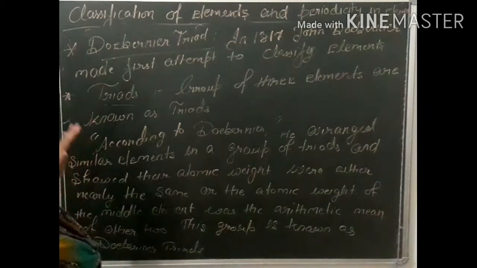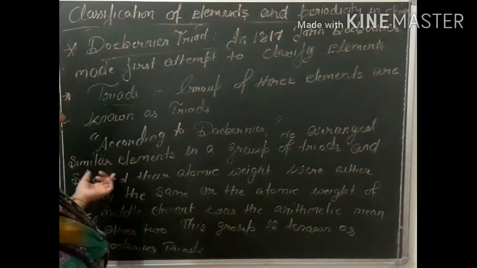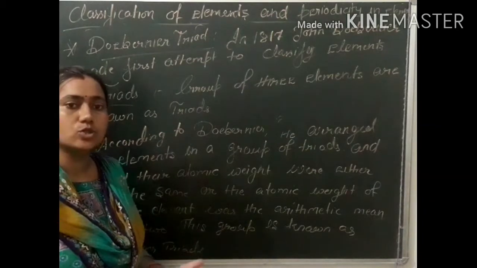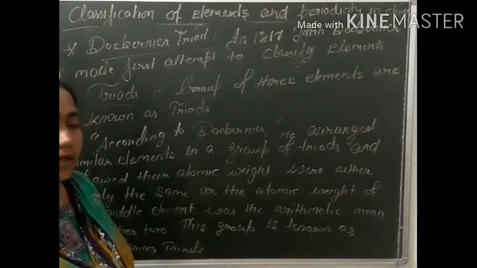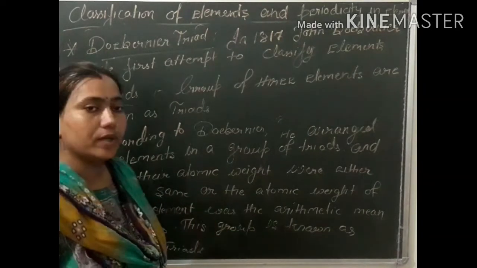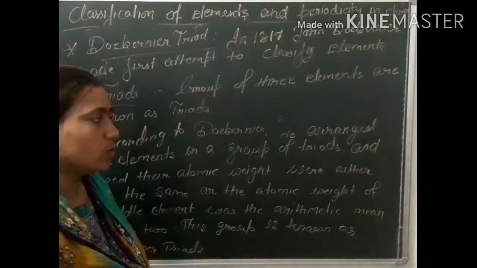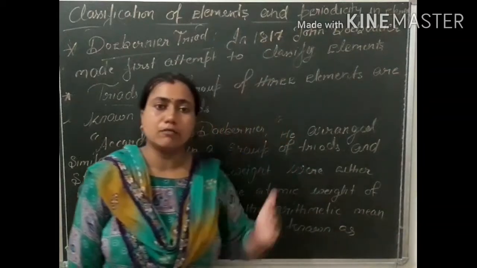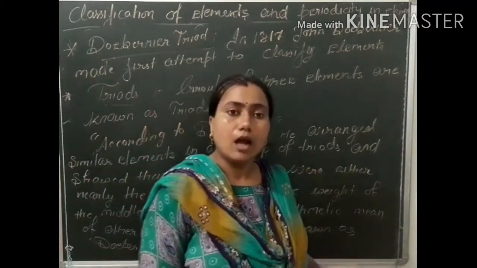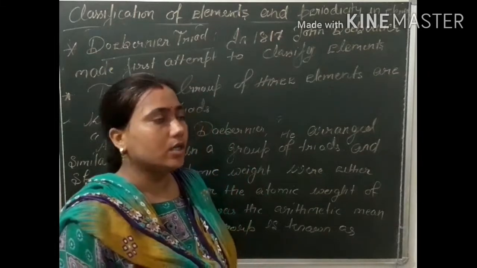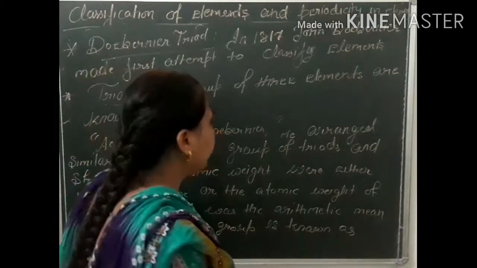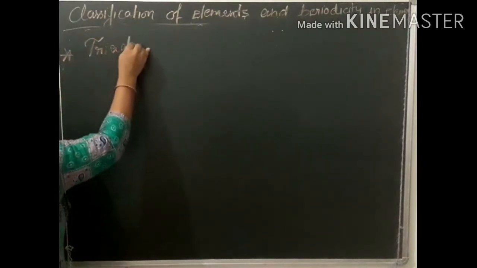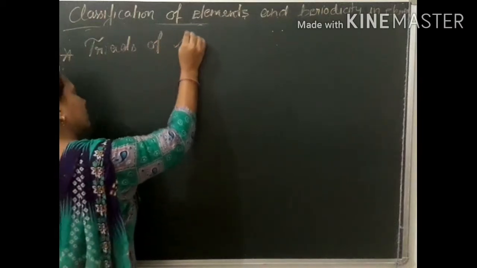According to Dobereiner, he arranged similar elements in a group of triads, and showed their atomic weights. जो डॉबनियर थे उन्होंने क्या किया था, एलिमेंट्स को, जो सिमिलर एलिमेंट्स थे उनको तीन के ग्रुप में रखा था एंड शोर देयर एटॉमिक वेट, और उनका एटॉमिक वेट क्या किया था, शो किया था. उन्होंने कहा कि जो मिडिल वाला एलिमेंट है उसका एटॉमिक वेट फर्स्ट और थर्ड वाले एलिमेंट के अर्थमेटिक मीन के इक्वल होगा. So we understand with an example: now here, first triads of alkali metal.